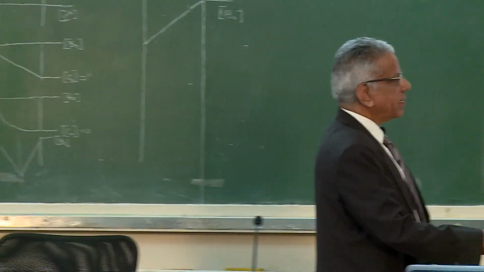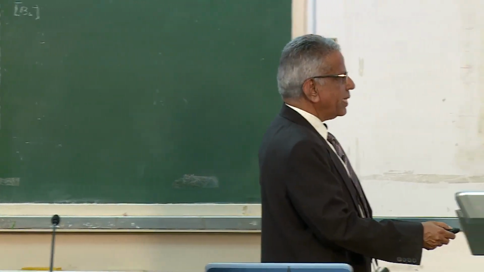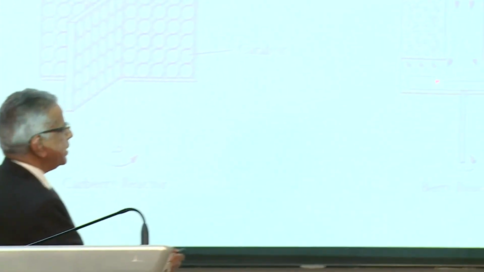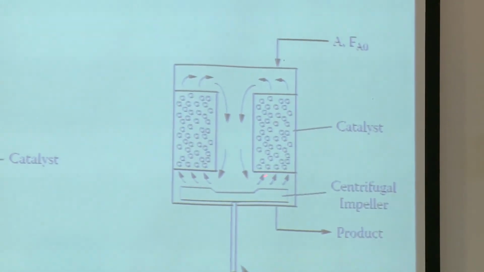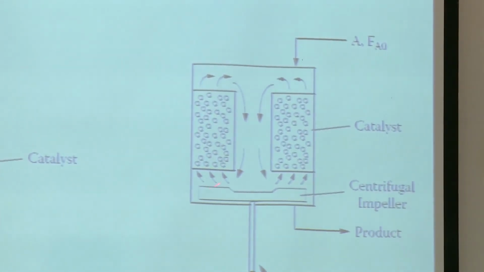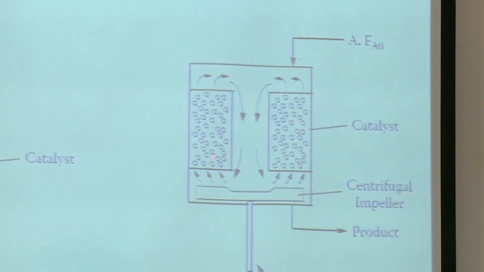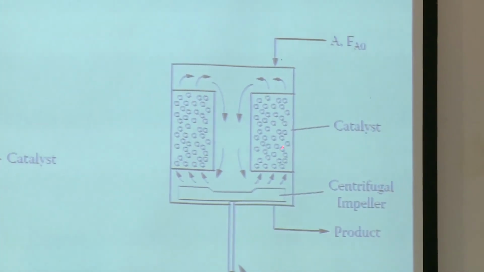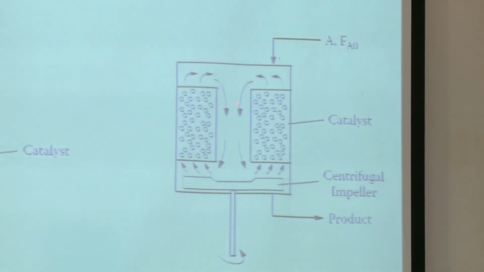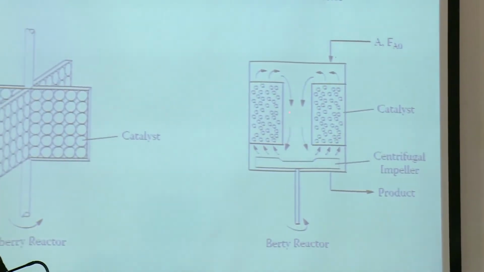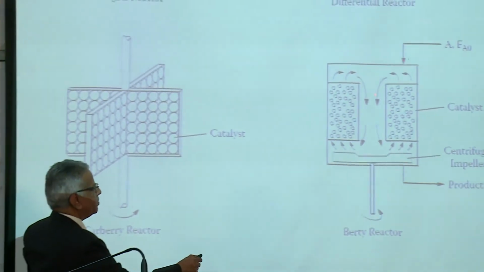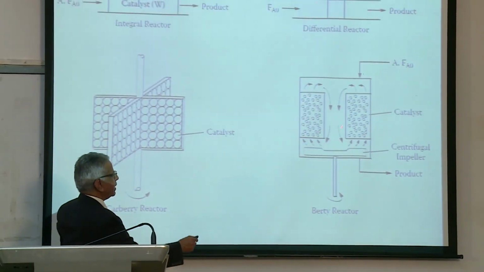Then there is this, called Berty reactor, from a professor from Chicago. As you can see, there is an impeller at the bottom, and this impeller is designed in such a way that it is upflow in this region, and downward where there is a void, it comes down and it basically recirculates.